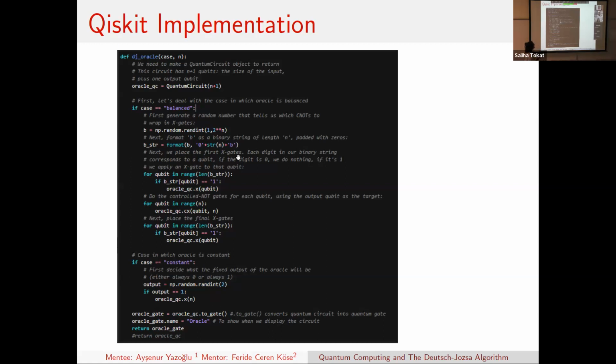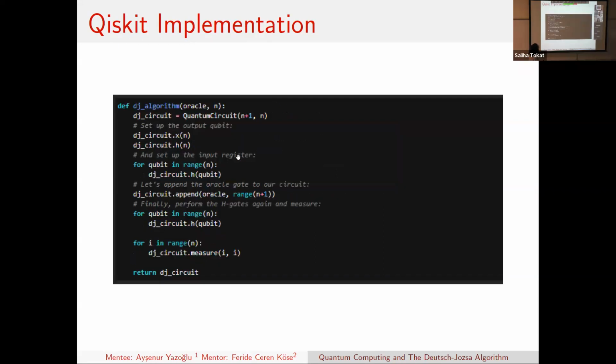Here, what we do is we build the U_f. And then we build the circuits. In the first part, we are building a kind of skeleton for the circuit to add things on. And then we add an X gate and a Hadamard gate to the first qubit.